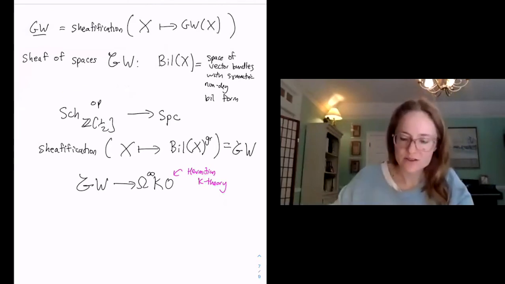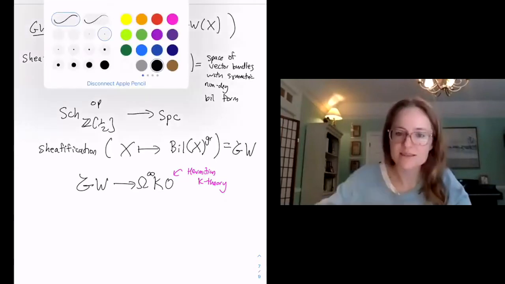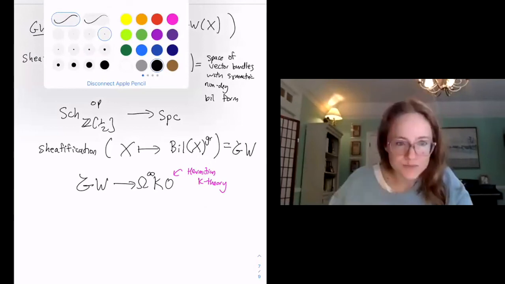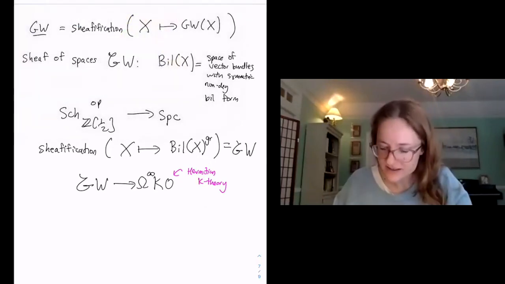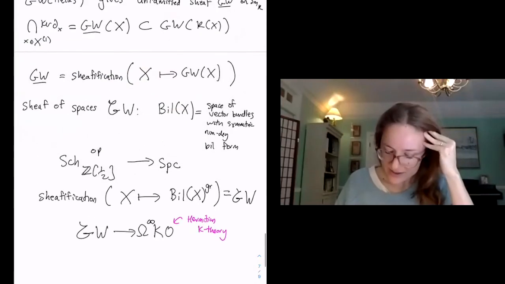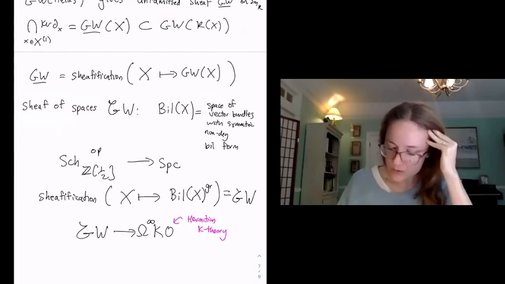Let's get back to counting R-planes, unless there are questions. Yes. So it's necessary to invert 2 when considering duality. When 2 is not invertible, bilinear forms and quadratic forms are different.